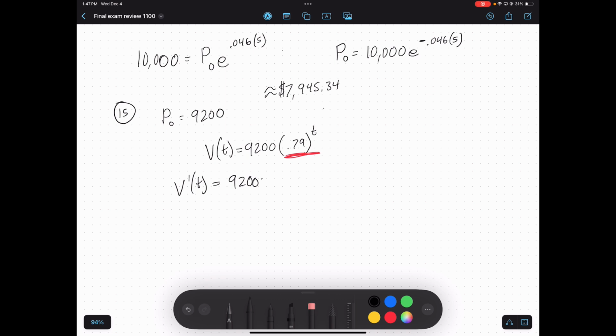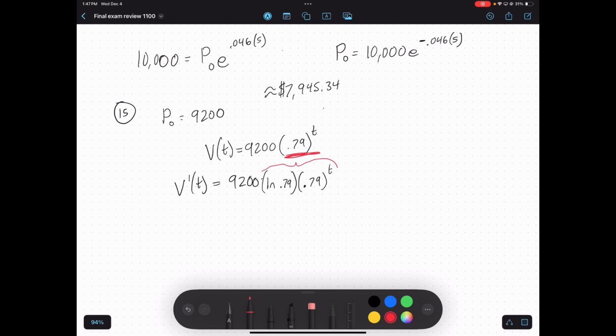I'm still going to have 0.79 to the t, but then I'm going to multiply it by the natural log of whatever the base is, natural log of 0.79. Very nice. So there's my derivative. And then if you want, you can multiply natural log of 0.79 and 9,200 together.